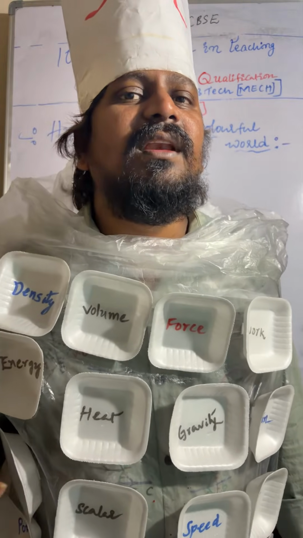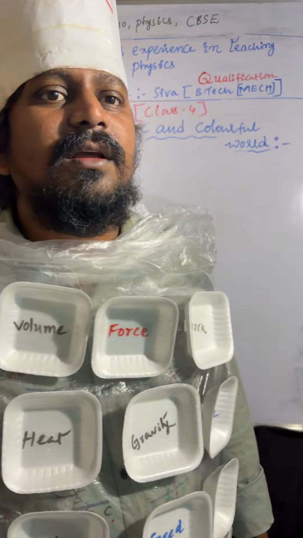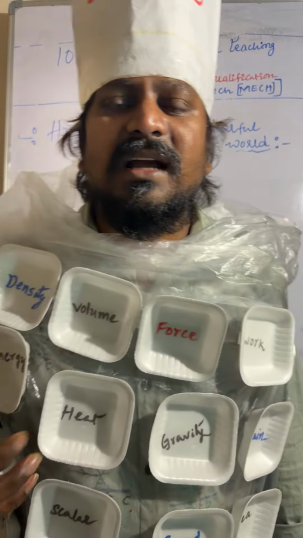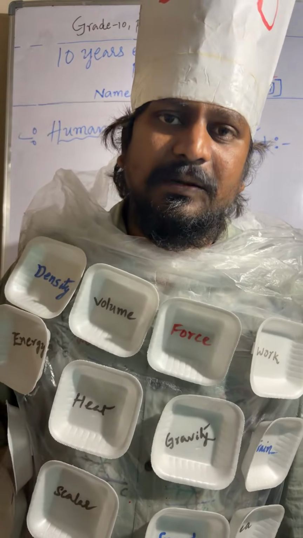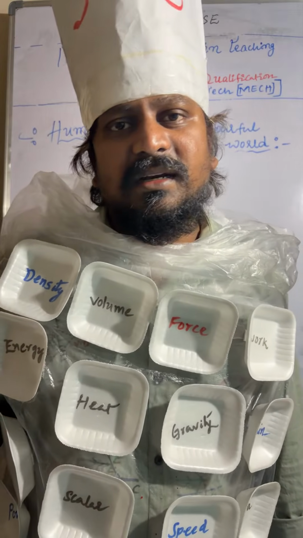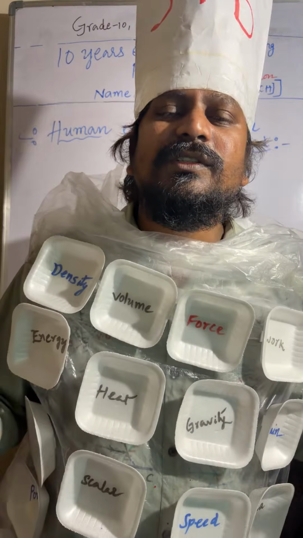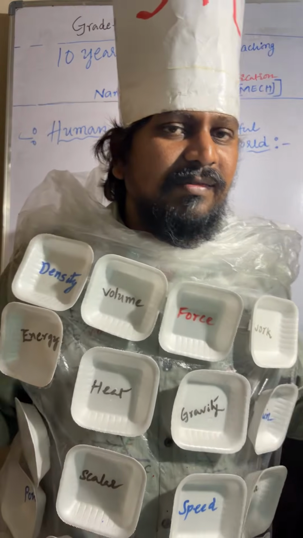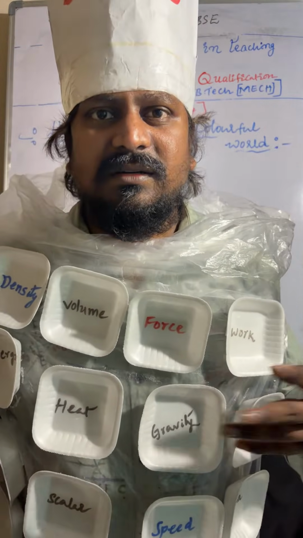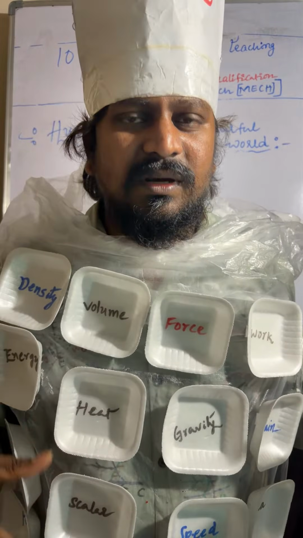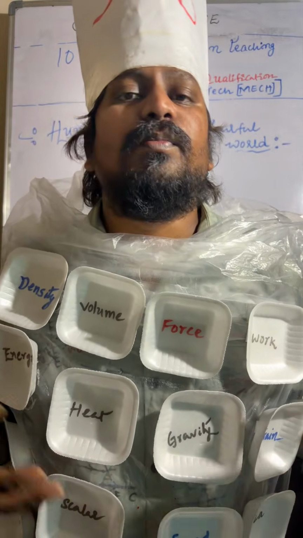Next, while we are aging, what happens? Ciliary muscles cannot adjust properly, so they are not that flexible. The eye lens cannot adjust its focal length and does not refract light properly.